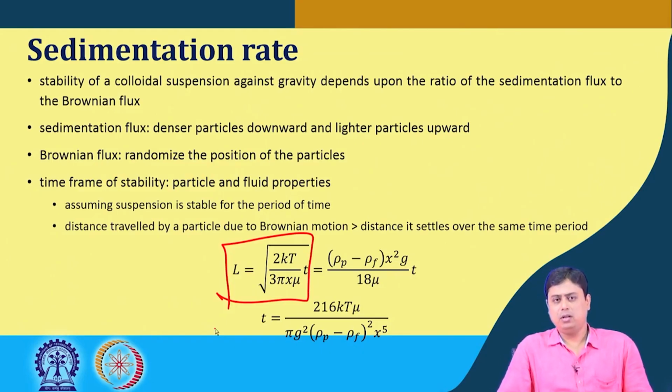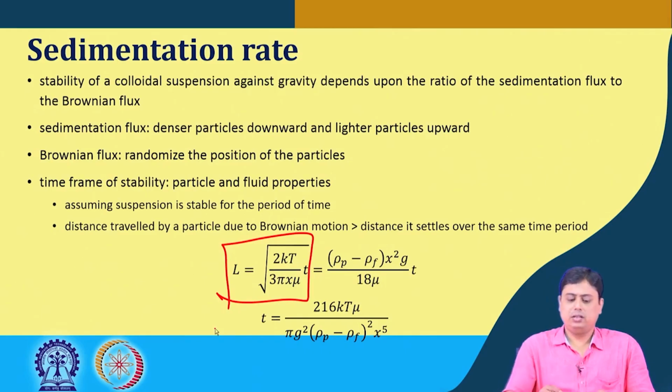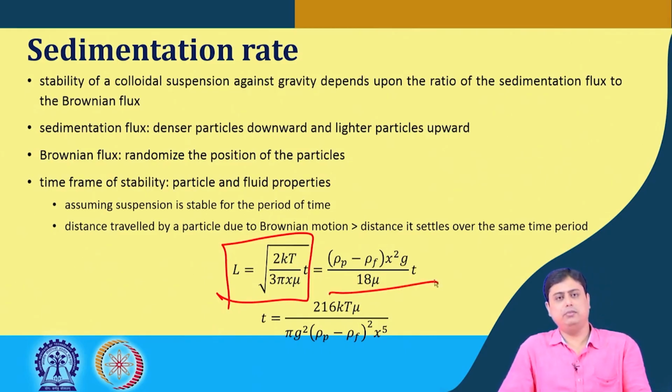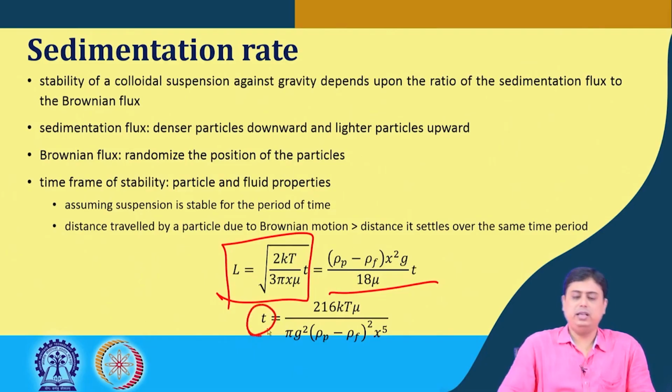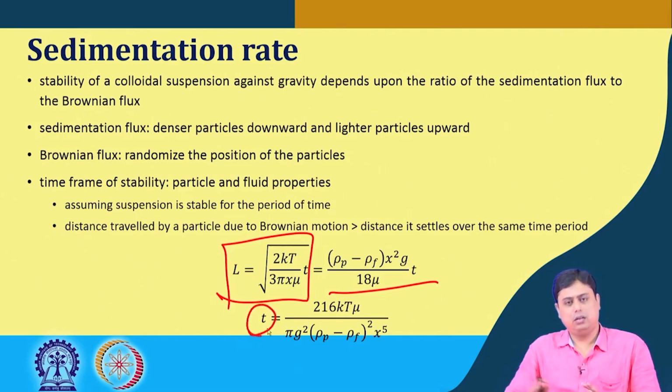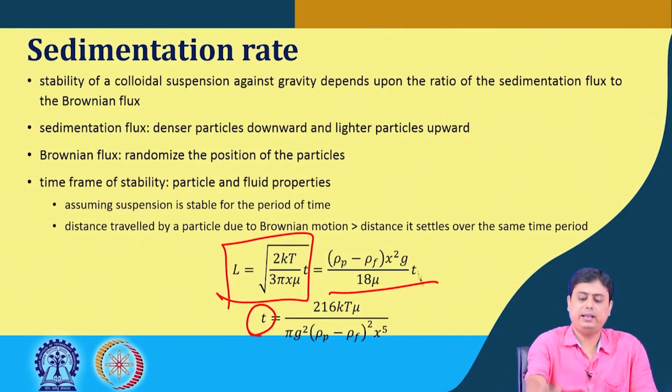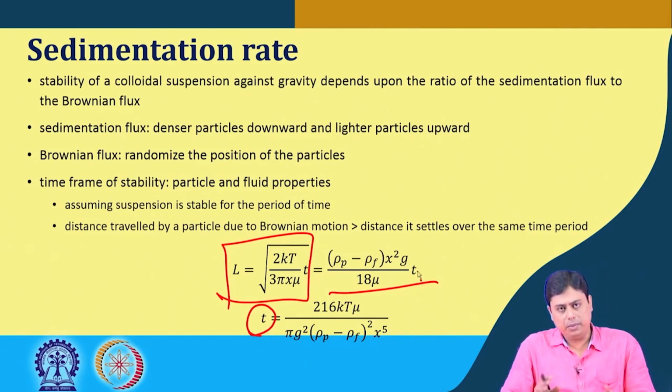We have seen the length that it can travel, and also rearranging the Stokes law for the terminal velocity in that expression, we can find the expression of t, and that has to be positive, because here it is root t and here you have t. So, it is a bit complex relation, but if we find the positive root of t, then we find this expression. This gives us the settling time.